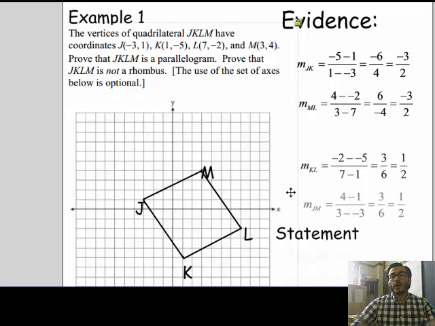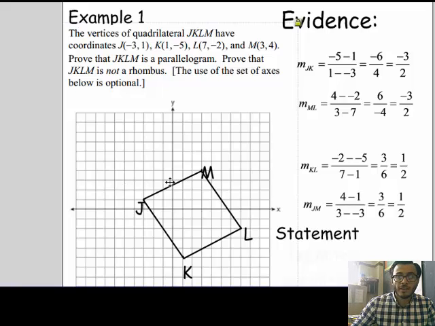Alright, so what can we learn from our evidence here? Our evidence is telling us that the opposite sides are parallel, right? It says that JK and ML have the same slope, so we could say JK is parallel to ML. And the evidence here says KL is parallel to JM.